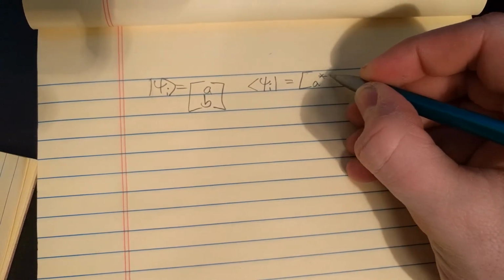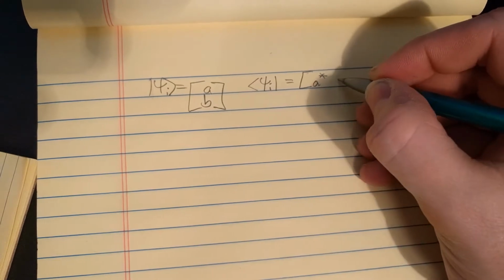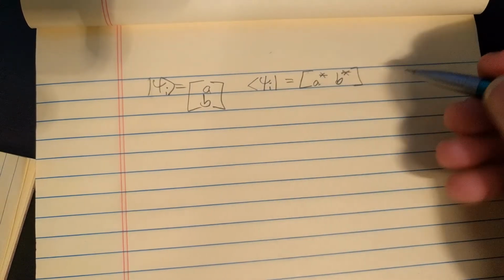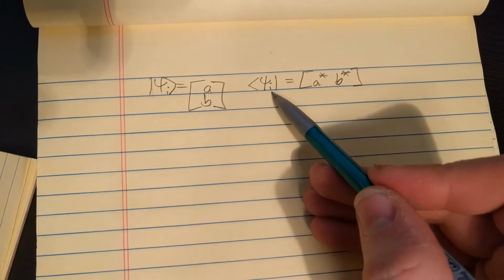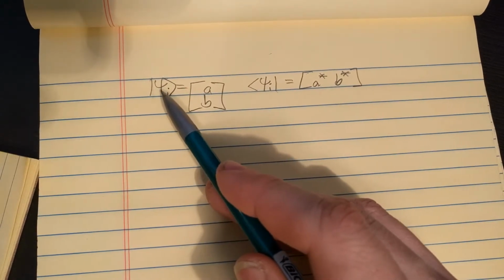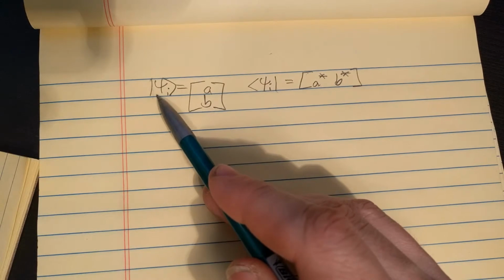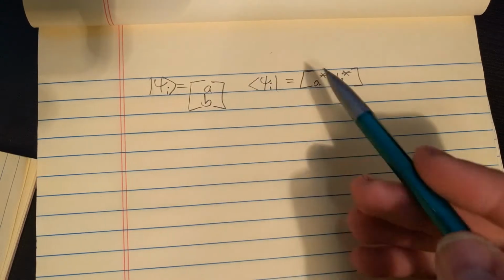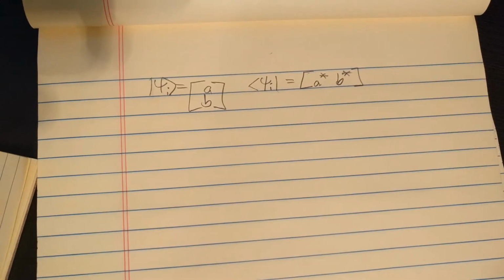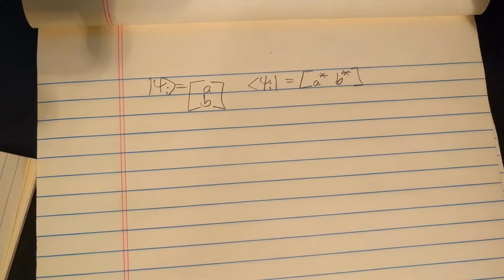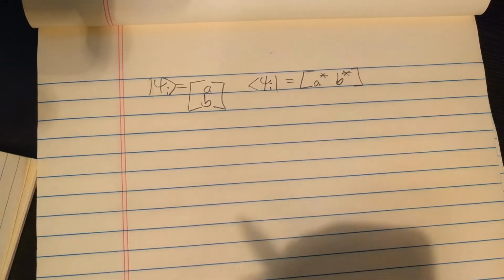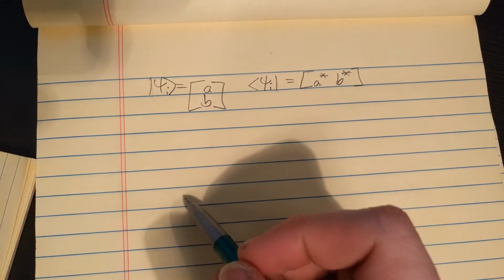So this would be the complex conjugate of A, and then the complex conjugate of B, and then you just transpose it. In other words, the bra is the adjoint, the conjugate transpose of the ket. Adjoint means conjugate transpose.